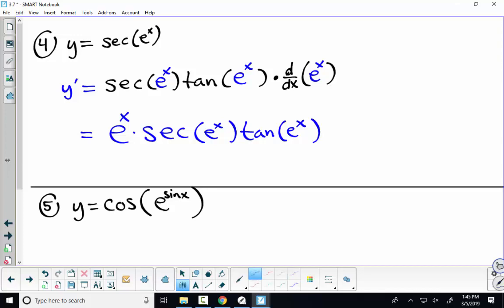If you're looking at that through version 1, then u is e to the x and y is secant of u. Y'all have any questions on that?